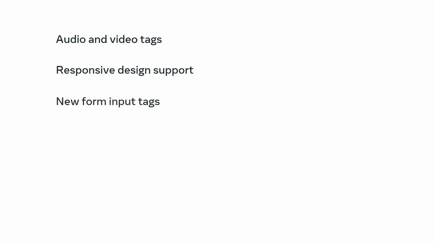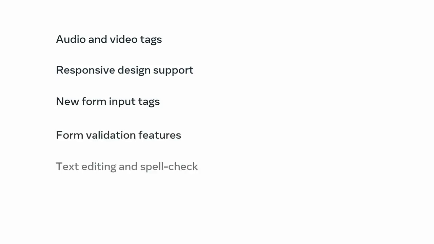These are better support for multimedia content, such as audio and video, improved support for responsive design, such as adapting the web page layout depending on the device the web page is viewed on, new form input types such as sliders and range inputs, date and color pickers, new form validation features, and new ways to work with text, such as spell checking and text editing.